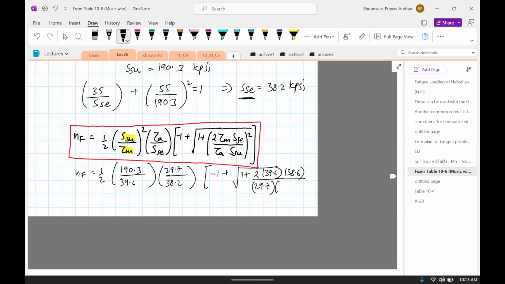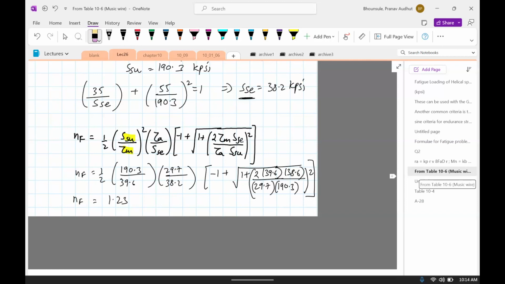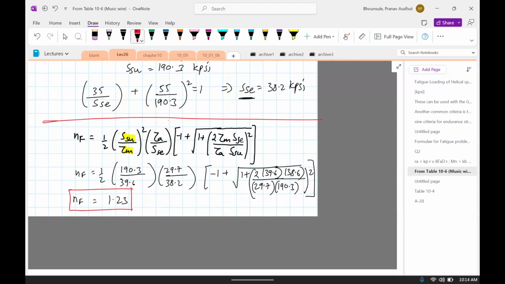And then finally, SSU is 190.3. The whole thing squared, a bit messy. But putting all the numbers together, you get 1.23. Okay, so that's the answer.